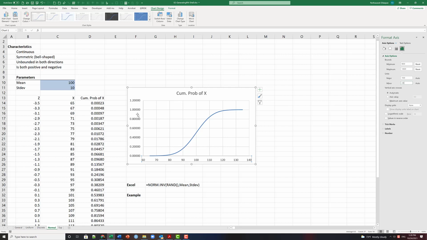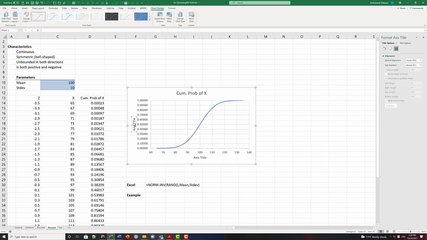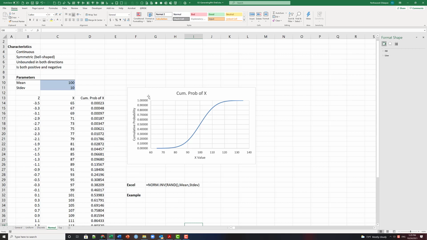And then the y-axis to go from 0 to 1. So this axis is cumulative probability. Okay, this is the x value.